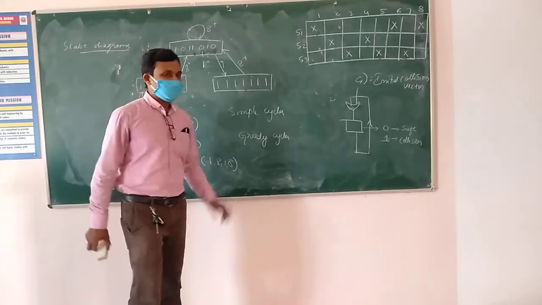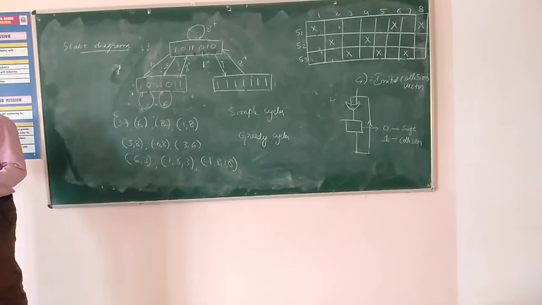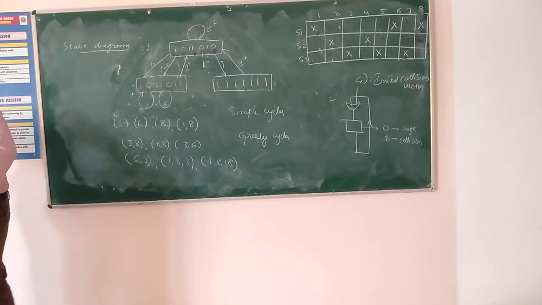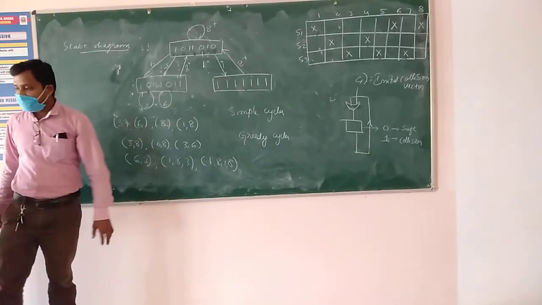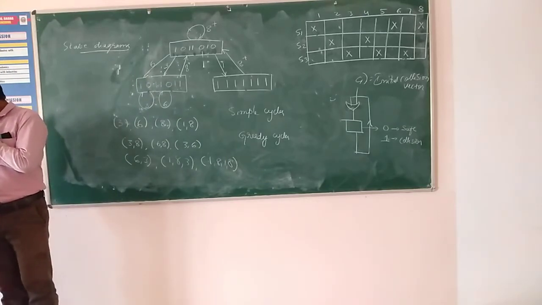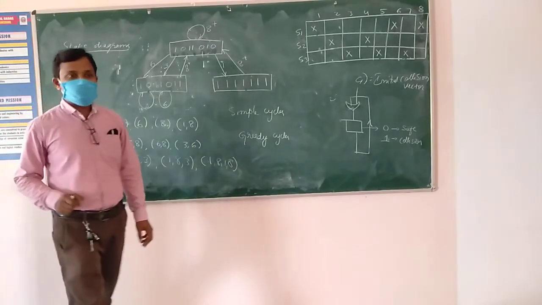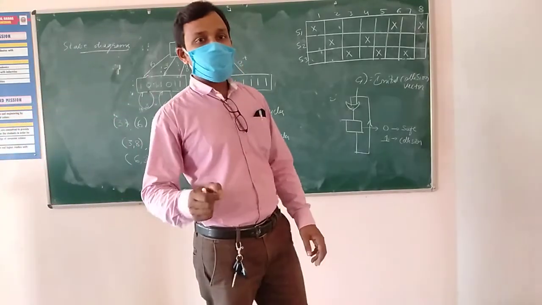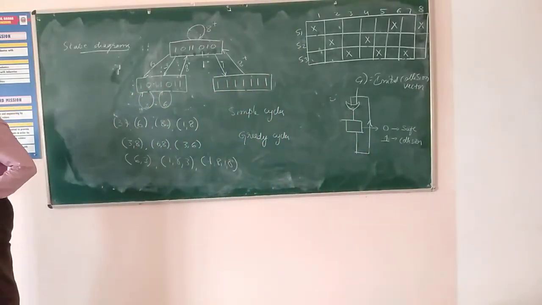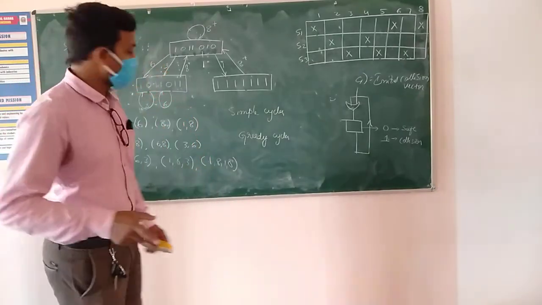So note down simple cycle. A simple cycle is a latency cycle in which each state appears only once. All right?